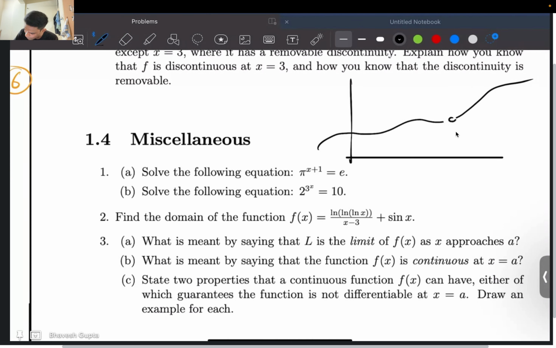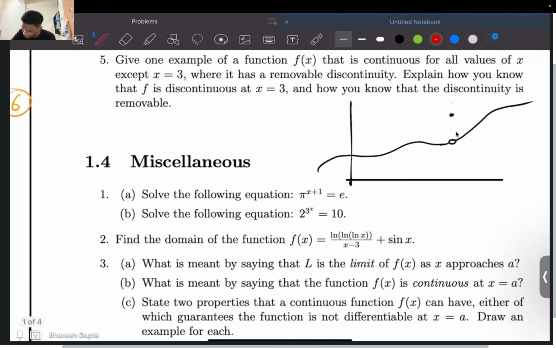Whenever you have this kind of situation, you can see over here, the function is not continuous in this case. You can see there is a jump here, a discontinuous jump. So this kind of discontinuous jump is what we call a removable discontinuity.